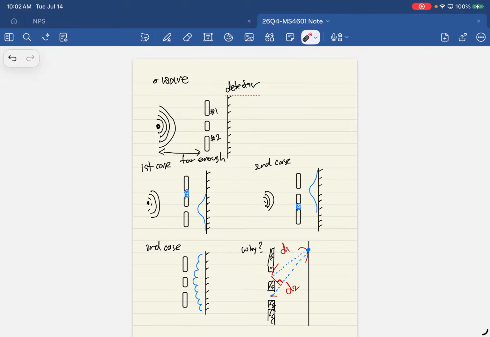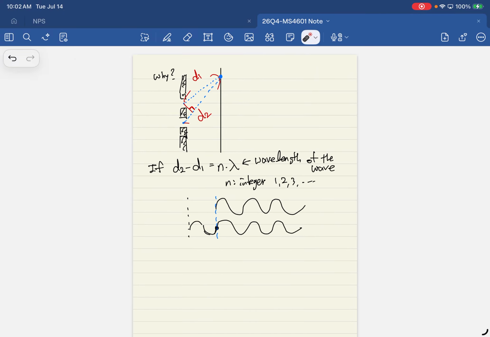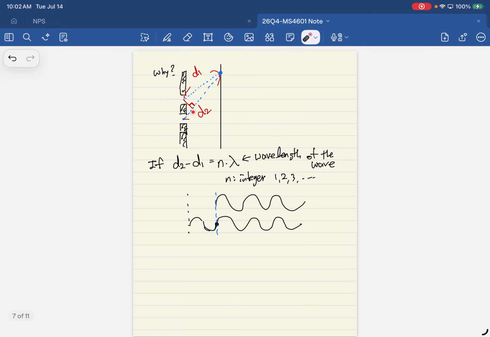We are going to see when we have the maximum values. That is when D2 and D1 differ by multiples of the wavelength, and they can be multiples, so n should be 1, 2, 3, 4, 5. We can schematically draw the wave.